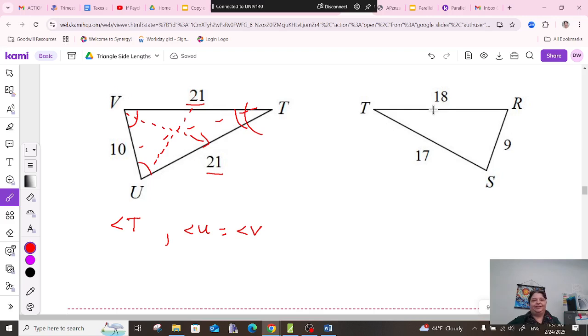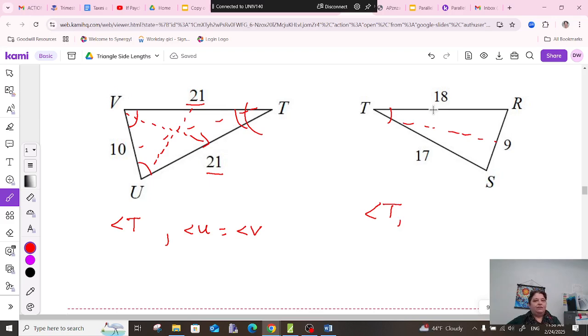This one's a little easier because they didn't have any congruent sides. Somebody raise your hand and tell me what the smallest angle is going to be. Okay, go ahead, Patricia. Angle T, because here's the smallest side. Opposite angle, angle T. Right? Leon, is that how I say your name?